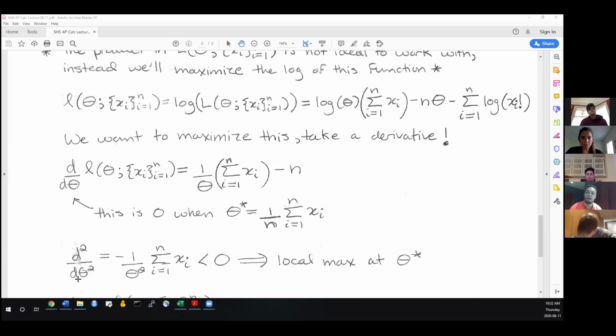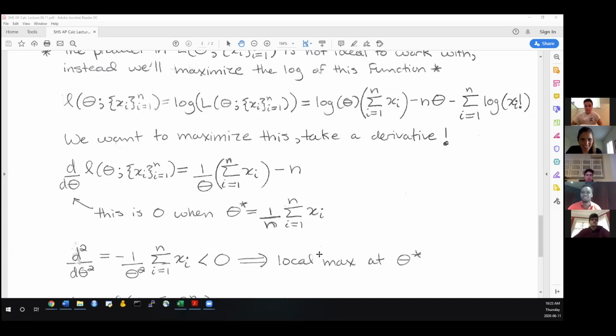You can take the second derivative of L of theta, little L of theta. So here, the 1 over theta becomes a minus 1 over theta squared. You still have the constant, and your minus n goes away. And this is negative for all values of theta, which means that the function is concave down. So theta star is a local max.